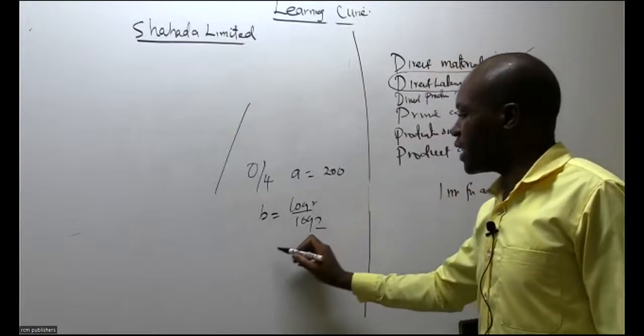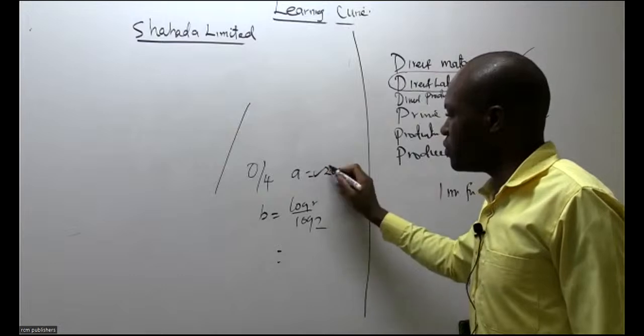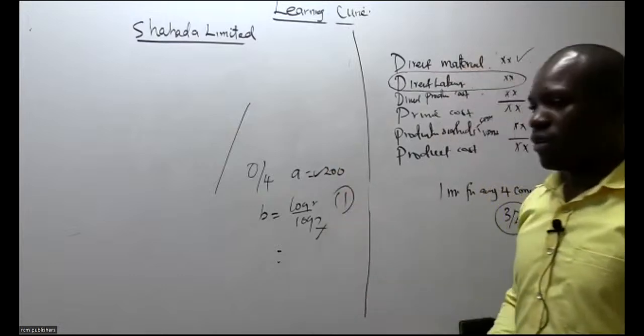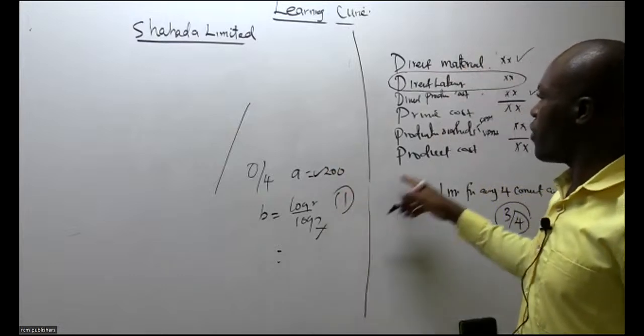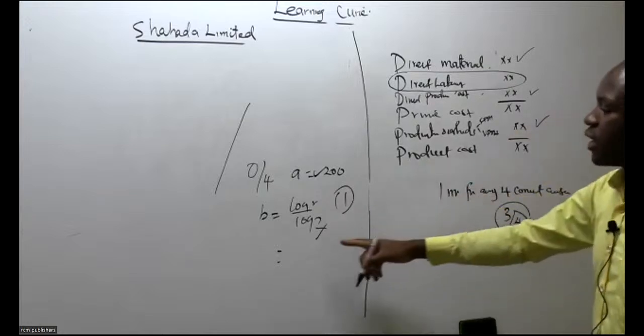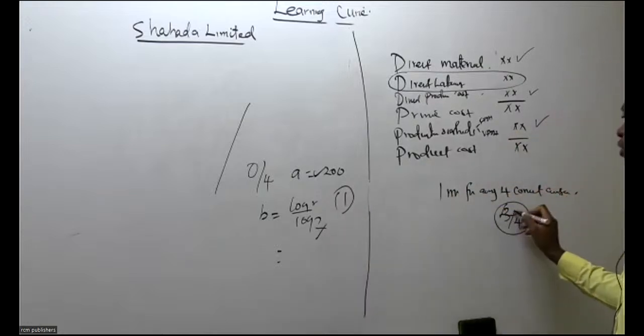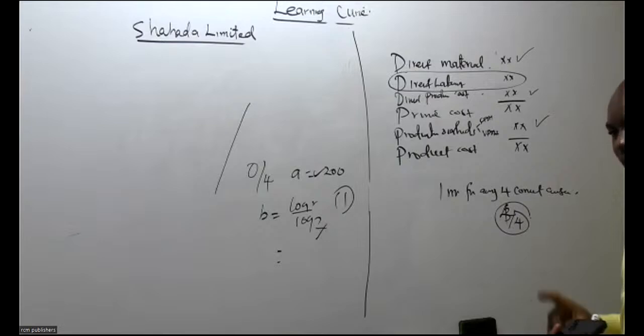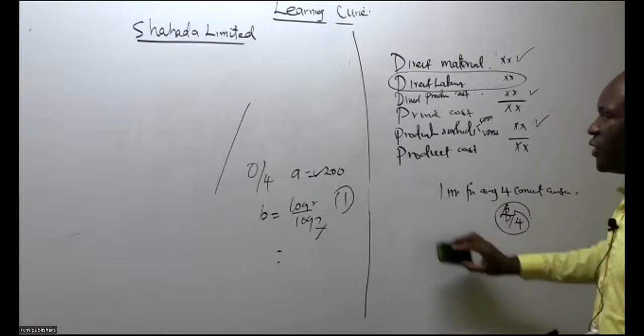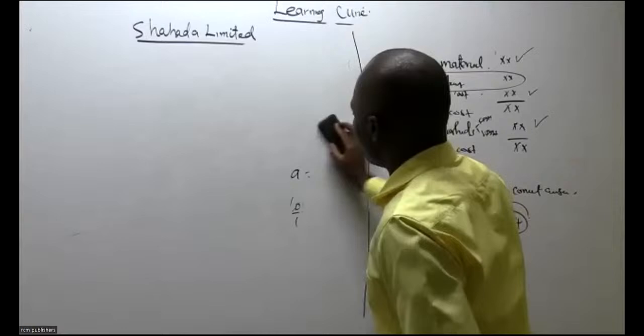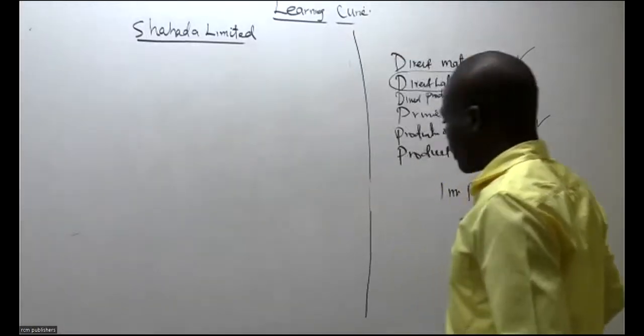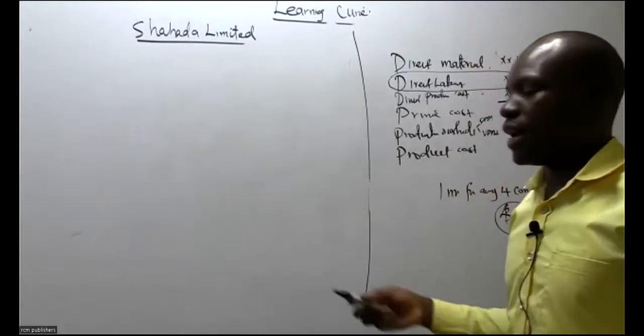Scare us with this one, calculate it and get the value of B. By just doing that, you'll have 1 mark. If that 1 mark you add to this, even without getting the correct answer, you already have your 4/4. That's the strategy which we need to follow, and try to attempt at least all the questions.